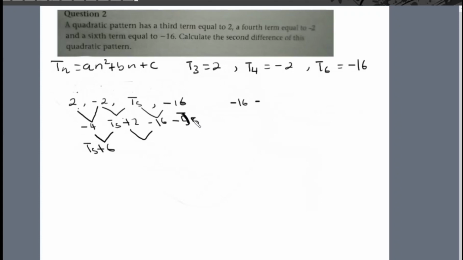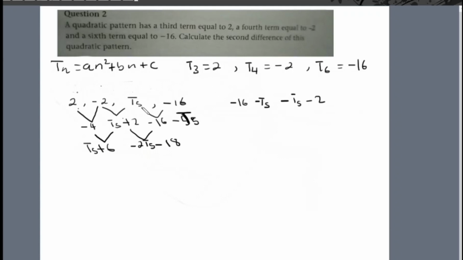Minus 16 minus T5 minus T5 minus 2. Right? So sizoba no minus 2 T5 minus 18. Right? So is second difference yethu ngile.